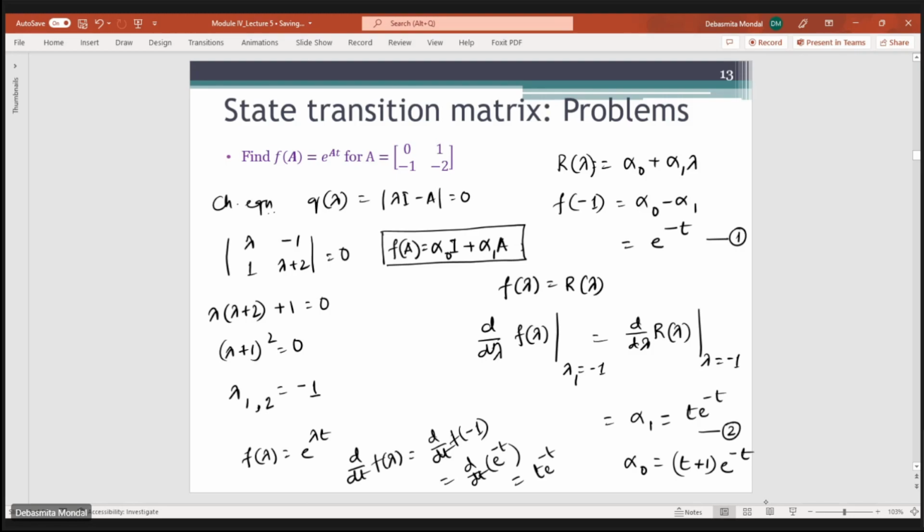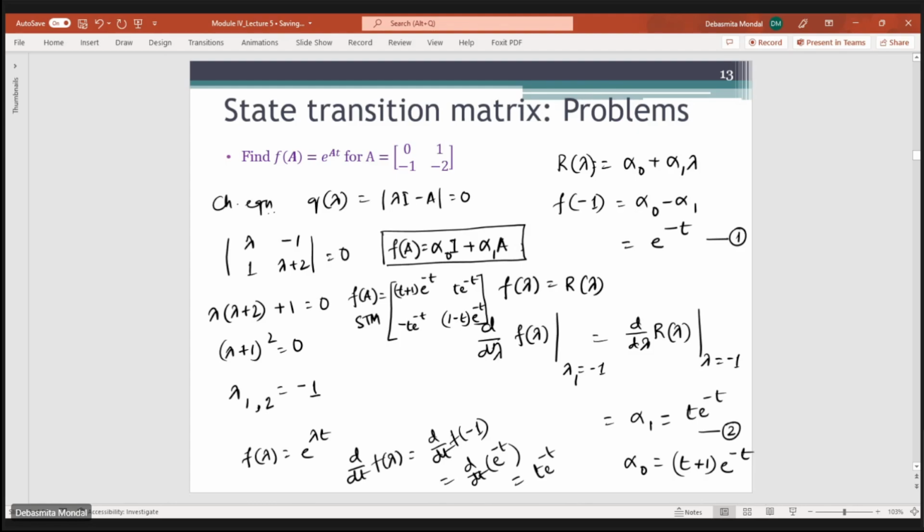So you simply substitute the values and you will find the value of f of A. It will look something like this: t plus 1 e to the power minus t, and so on. So this would be the state transition matrix for the system provided to you.